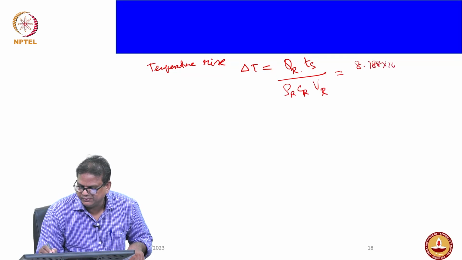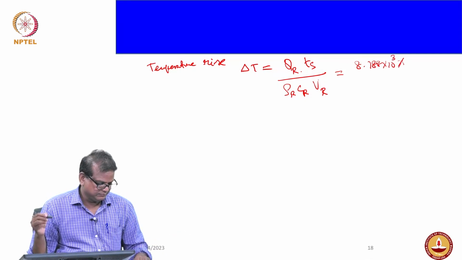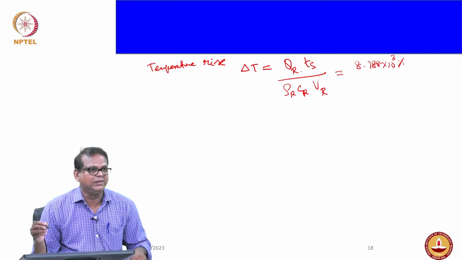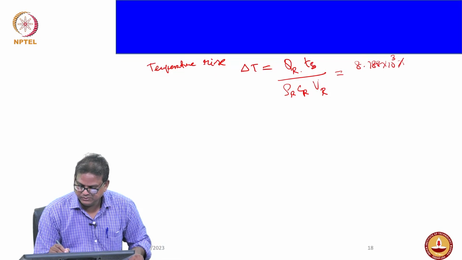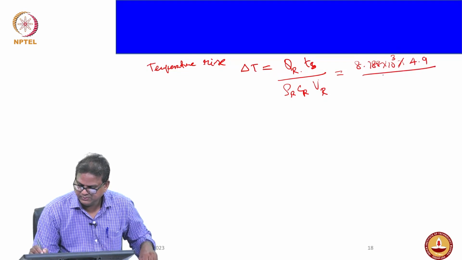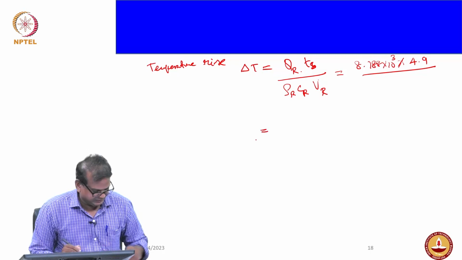8.188 into 10 power 3, and the timing is 4.9, right? Yeah, 4.9 TB. Can you substitute the rho R, CR, VR values and tell me what value you are getting?